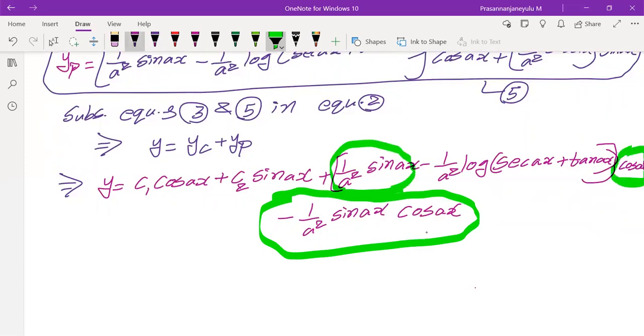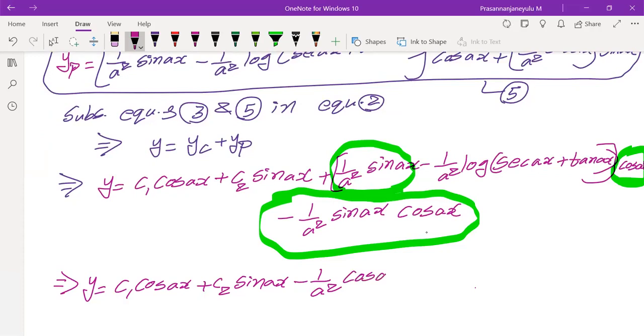Then we are going to get the final solution: y equals c1 into cos ax plus c2 into sin ax, minus, these two terms get cancelled, so minus 1 by a square into log of secant ax plus tan ax into cos ax. That cos ax I am writing as a prefactor.